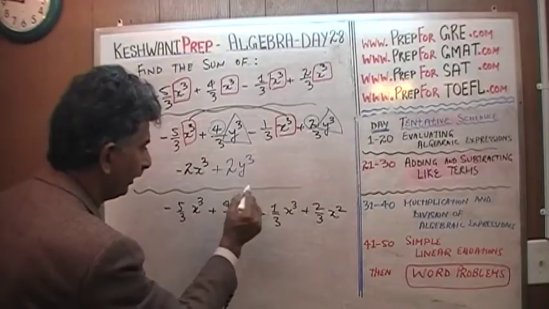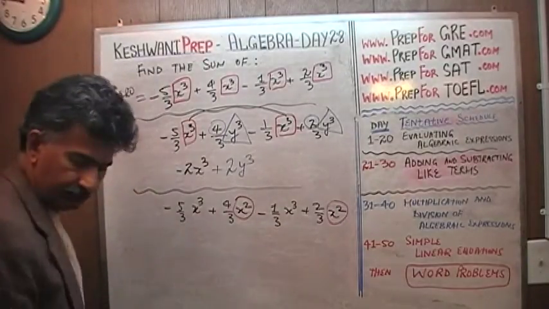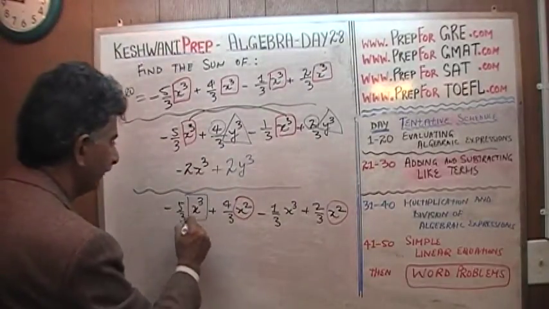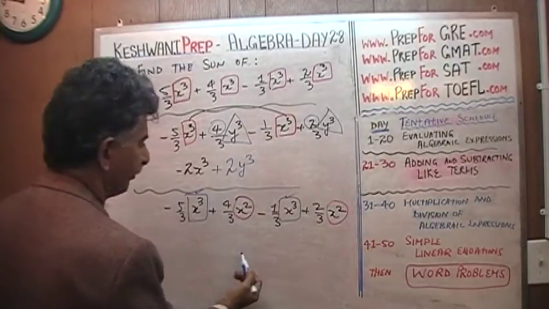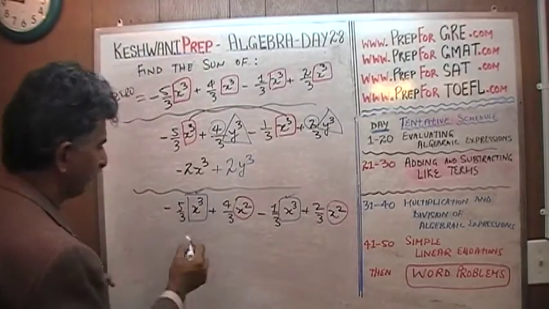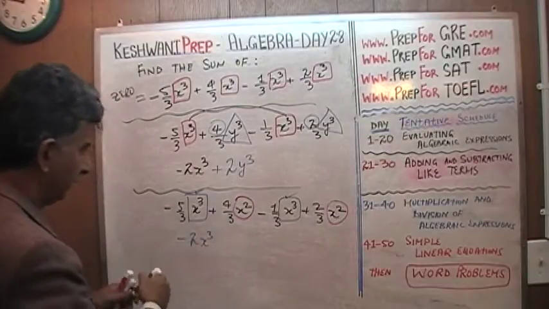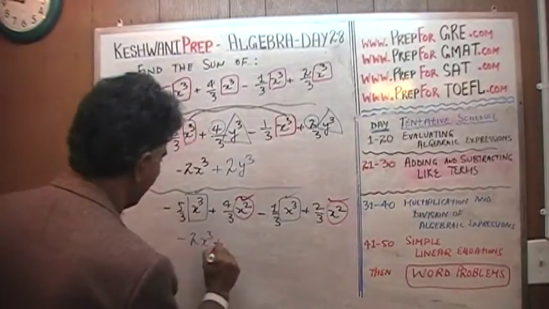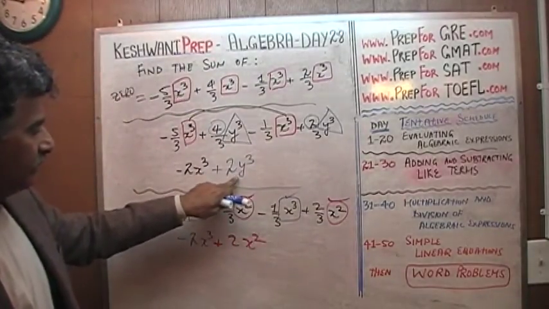Here we have x squared, and these two involve x cubed. So these have to be added up together, and these separately. The x cubed part is negative 2x cubed, and the x squared part would be positive 2x squared. Just like before, except instead of y cubed we have x squared.